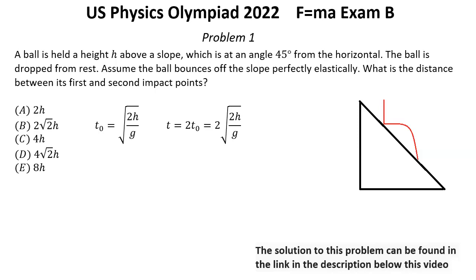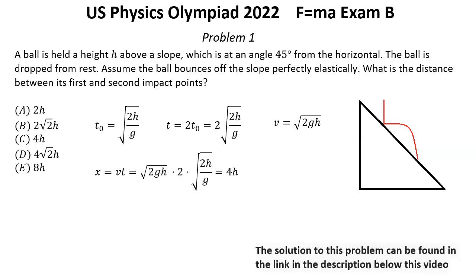That will be vertical speed equal to the square root of 2gh. After the bounce it turns in the horizontal direction, and we can count the horizontal distance for the motion between two impacts.